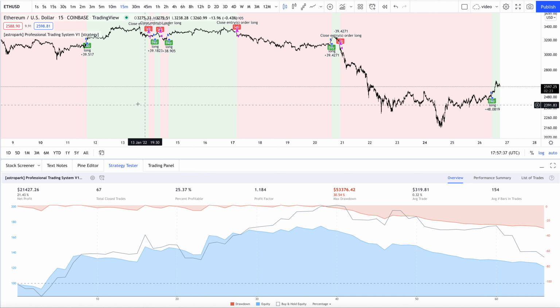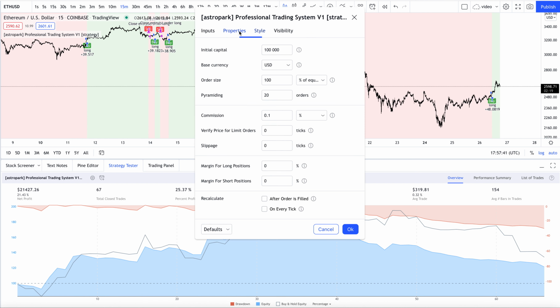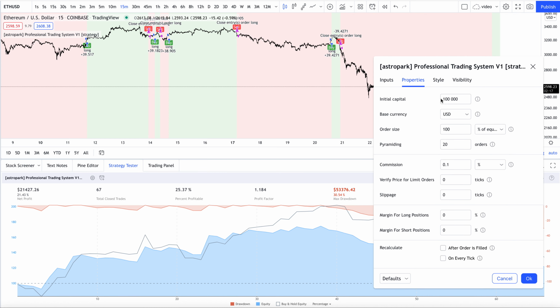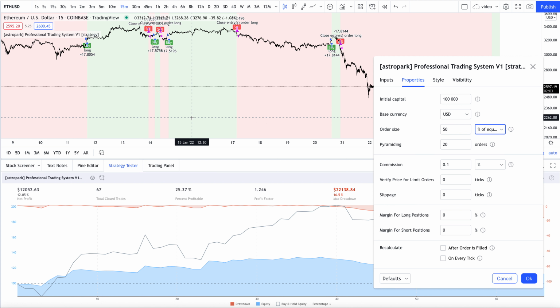But you can see what happens if instead it uses only 50% of the equity. The max drawdown goes down, and net profit is still good.